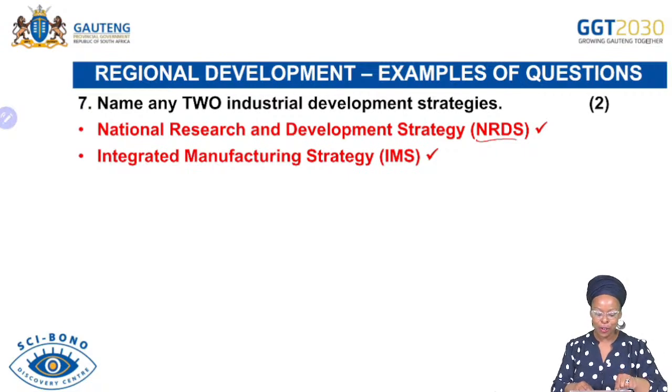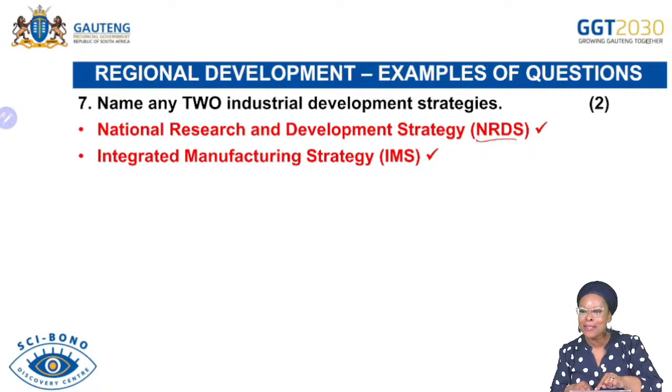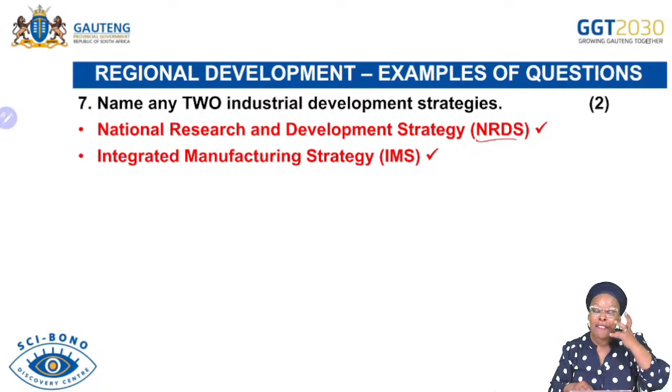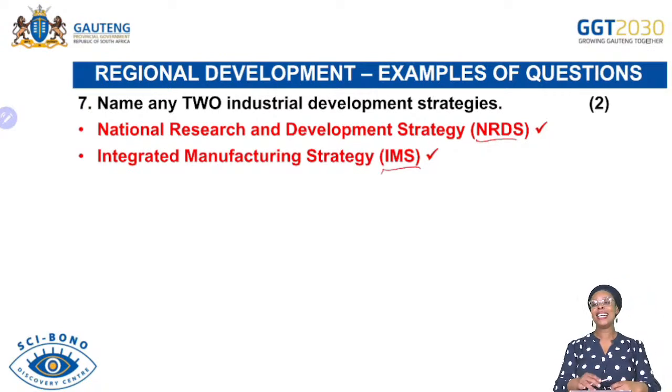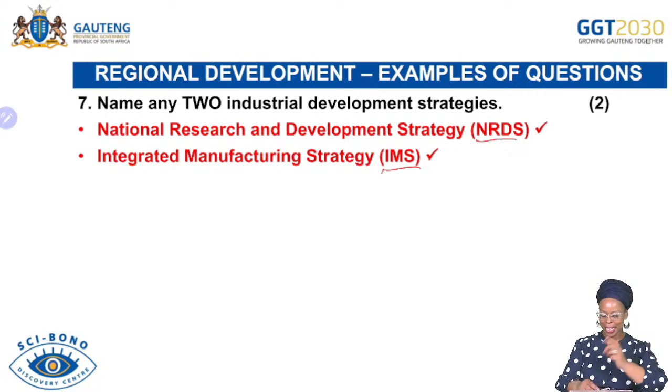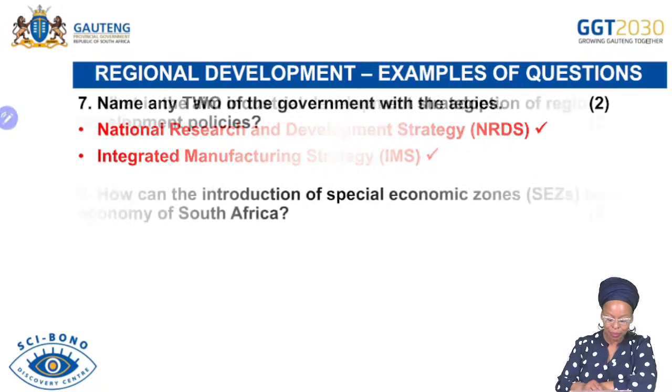Remember, if you write something wrong, instead of Integrated Manufacturing Strategy, you write Industrial Manufacturing Strategy, it's wrong. Or you write Integrated Manufacturing System, it's wrong. So if you have forgotten the real wording, rather write an abbreviation. Because it is a Section B question, you will get your marks.